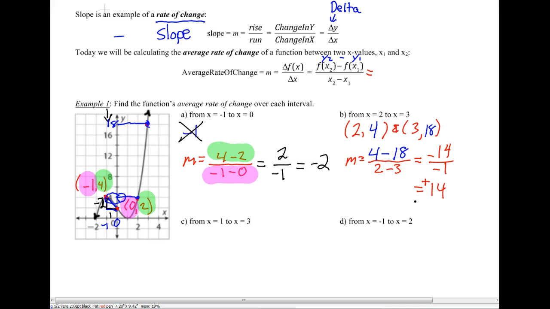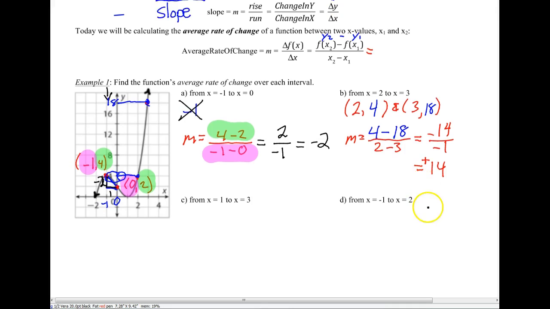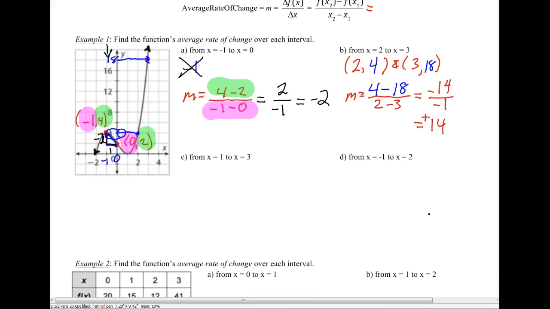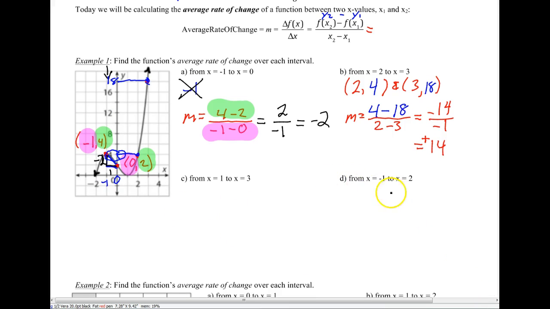So just looking at or zooming into one little part of the graph. Go ahead and do C and D. See how that goes with you, and then check with someone around you, see if you get something similar.